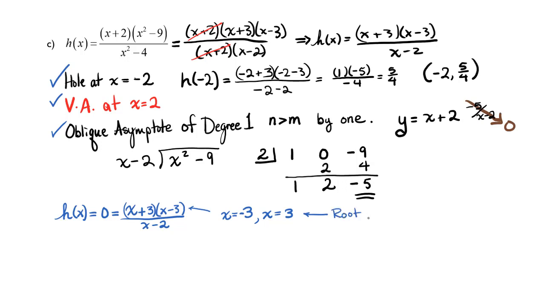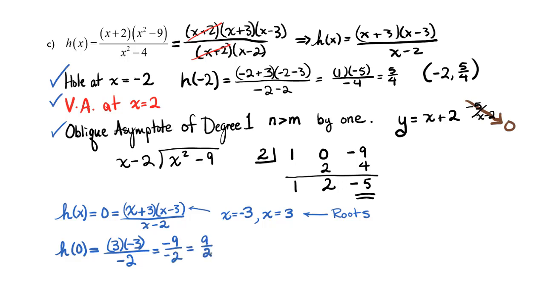If we set x equal to 0, we can find the values of y or y-intercepts. This will be at 3 times -3 over -2, which is -9 over -2, or simply 9/2.